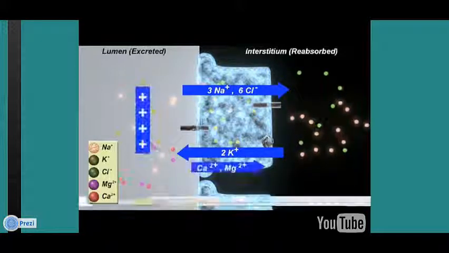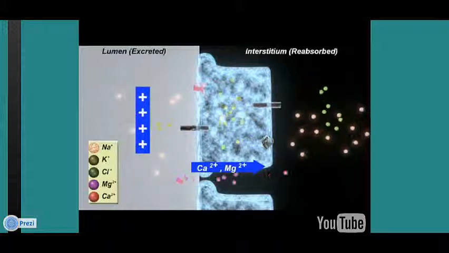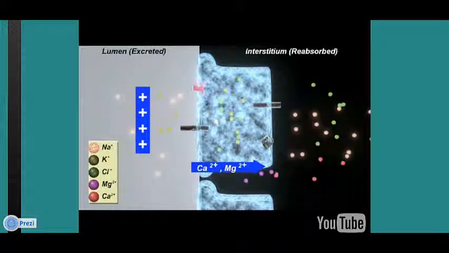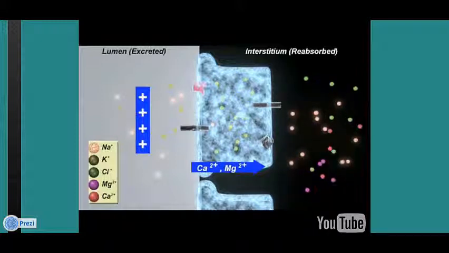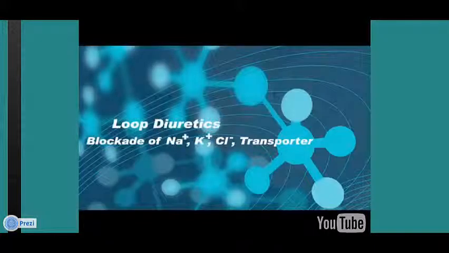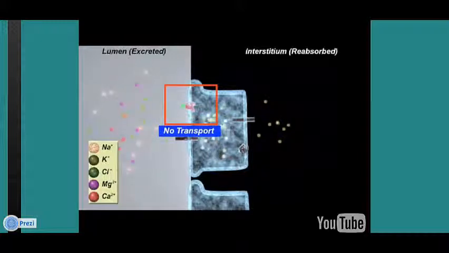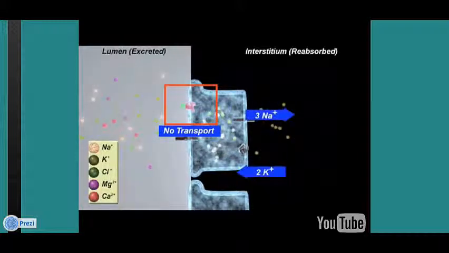Because of the secretion of potassium, a positive voltage is generated in the lumen, resulting in reabsorption of positively charged ions through the paracellular junction. When the sodium-potassium-chloride transporter is blocked by the loop diuretics, the sodium-potassium exchange begins.